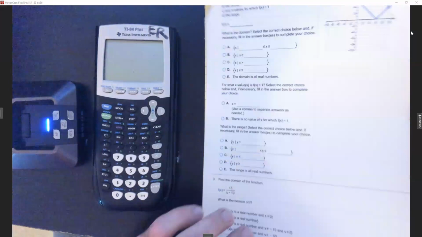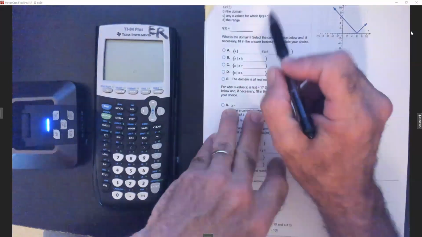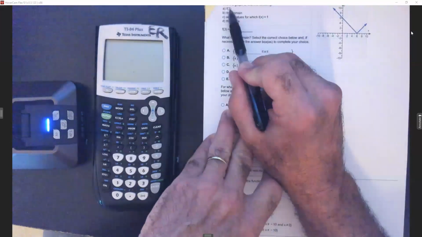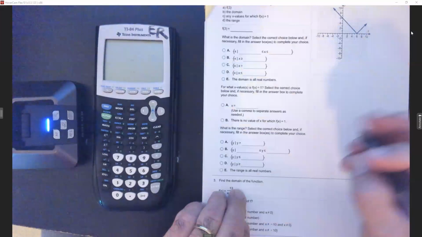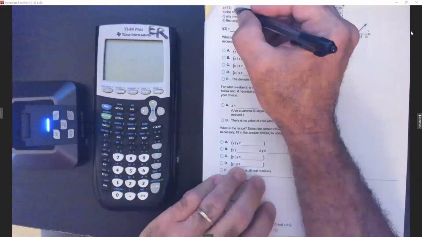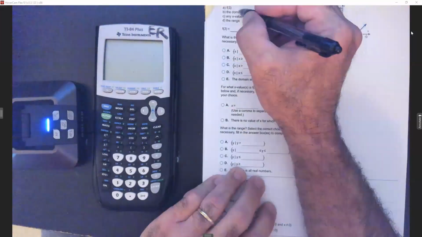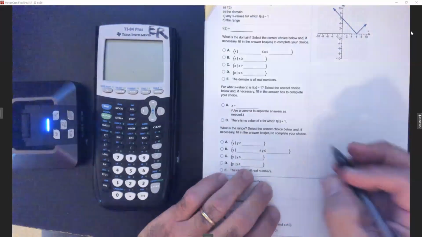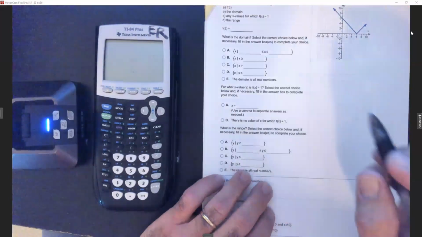So notice on this, the first thing they want to find is f of 3. So that means, what is the y value when x is 3? All right, so I'll write that here.